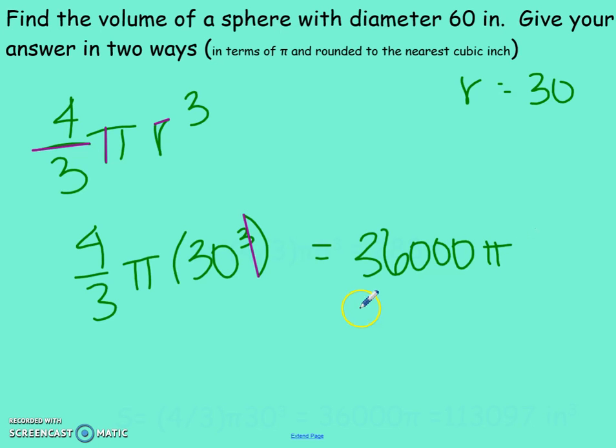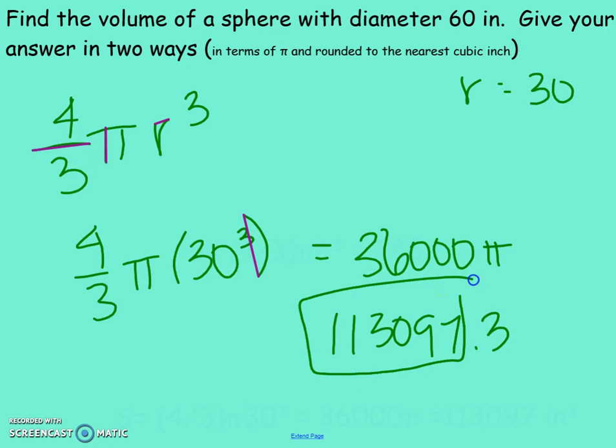And then times pi, to the nearest inch, is 113,097. So spheres are just super easy because all you need is the radius and you plug it in.